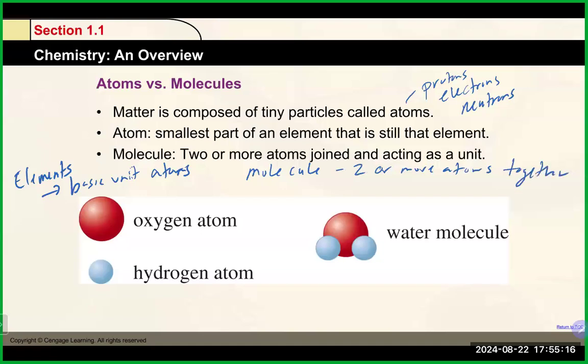Now, there are certain elements that come as diatomic molecules, which means di is two, atomic is atom, so they come as two atoms together, and that is how they naturally come. So there are certain diatomic molecules which are elements, and those are things like hydrogen, nitrogen, oxygen, fluorine, chlorine, bromine, and iodine as well.